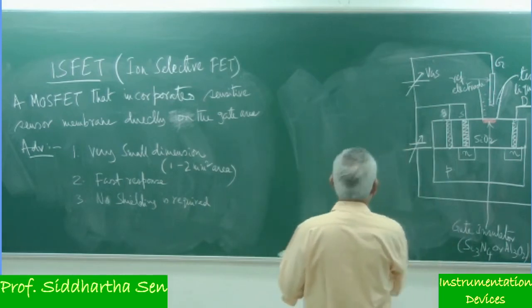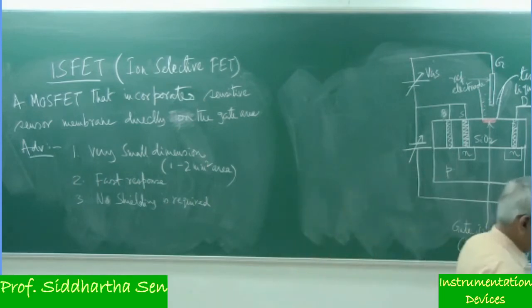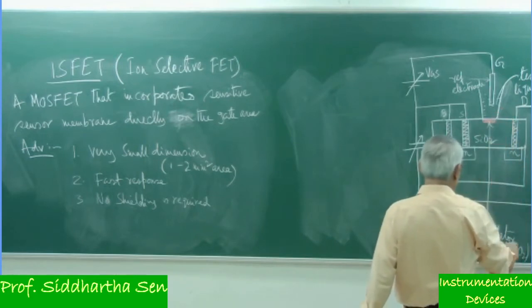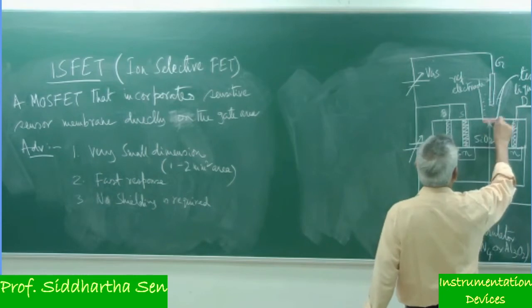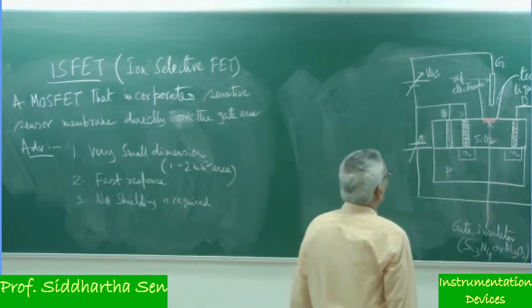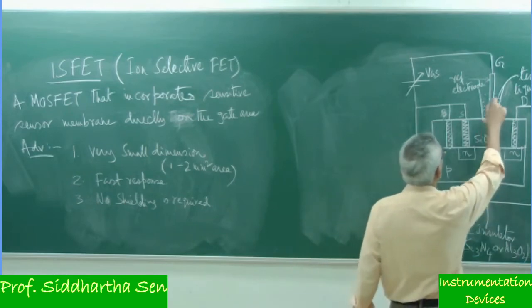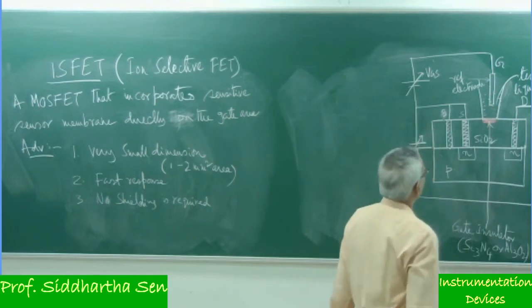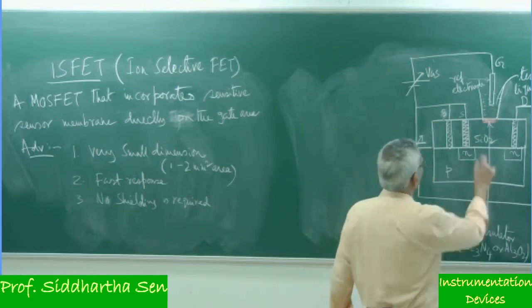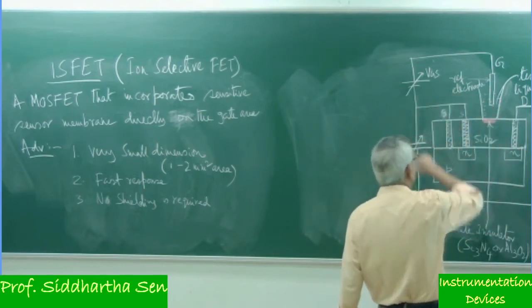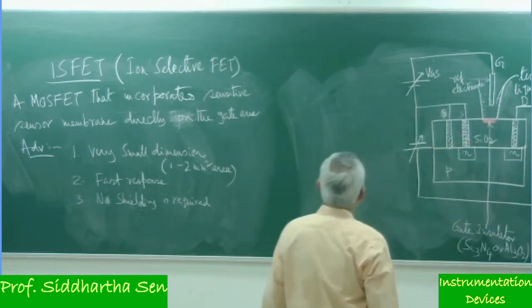So what is happening is that you put one or two drops of this liquid, and this is an ion selective insulator, like silicon nitride or aluminum oxide, where depending upon the pH concentration of the liquid here, that will change the gate current or the overall characteristics of the MOSFET.